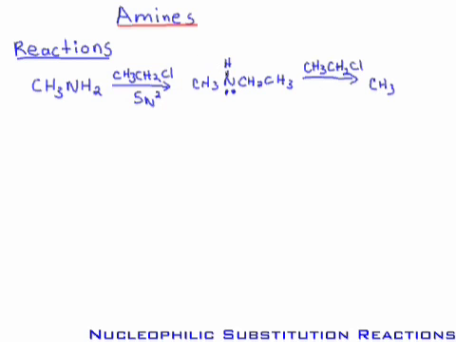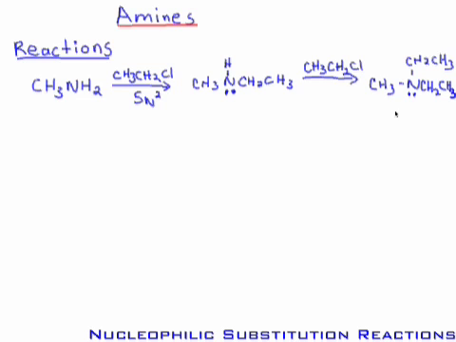Again, initially it will have a proton, but that proton can be taken off, so we'll have CH2CH3, CH2CH3, and our lone pair.